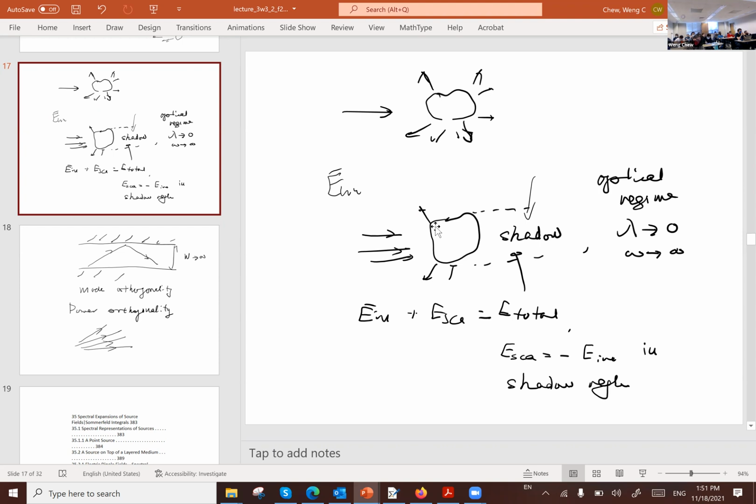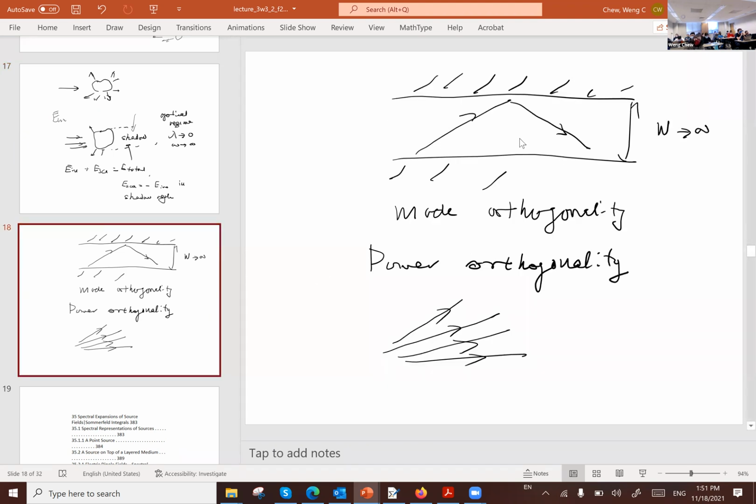Knowing the forward scattering quantity of the scatterer tells you the scattering cross-section. It's a very powerful and amazing theorem. One can attribute it to mode orthogonality and power orthogonality that we never studied in the waveguide. It turns out that we studied mode orthogonality sort of, but we never studied power orthogonality.